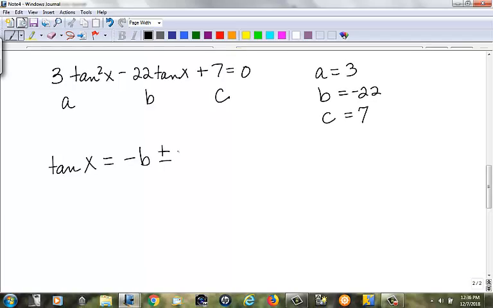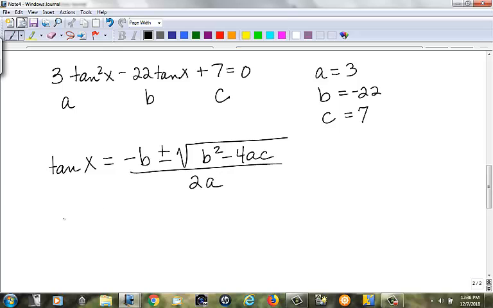Okay, and instead of having x equals, you're going to have tangent x. So on the left side, you're going to have tangent x equals the opposite of b plus or minus the square root of b squared minus 4ac, all over 2a. So tangent x, sub in, we'd have the opposite of a negative 22.